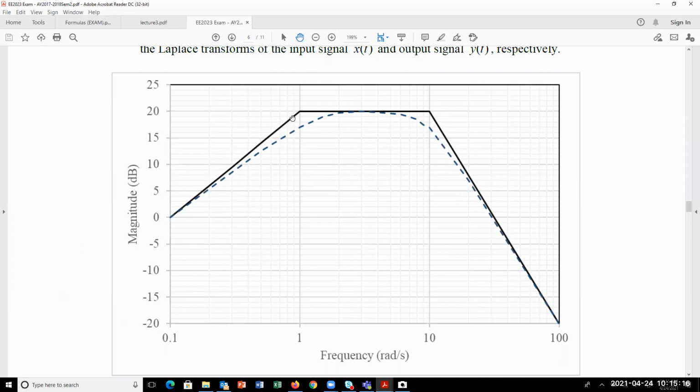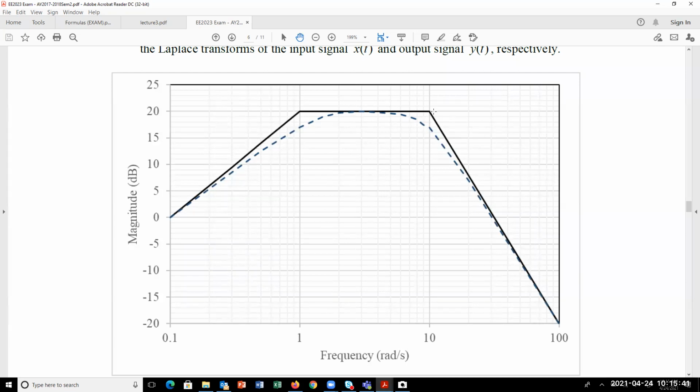This is the first subsystem. Then you have a corner frequency of 1 radian per second. The second subsystem is a pole because it pushes it down.